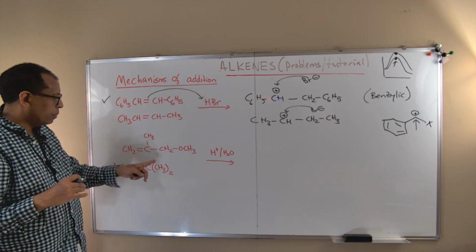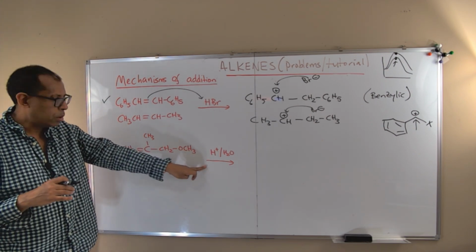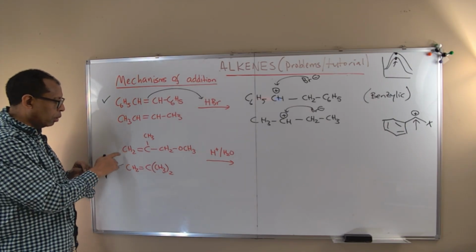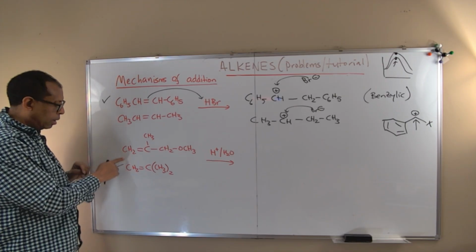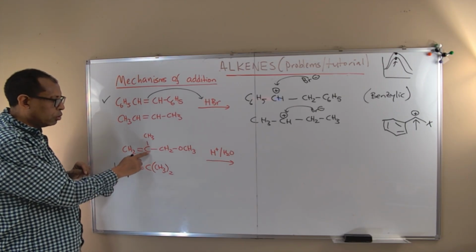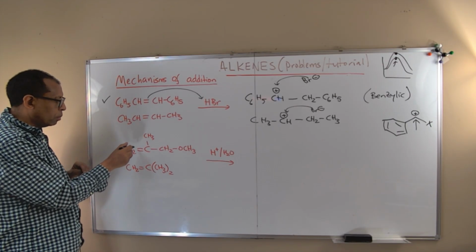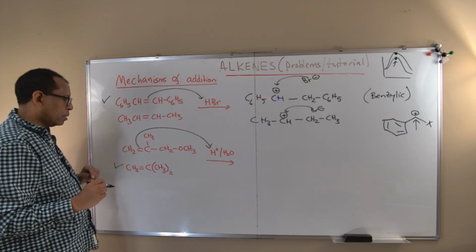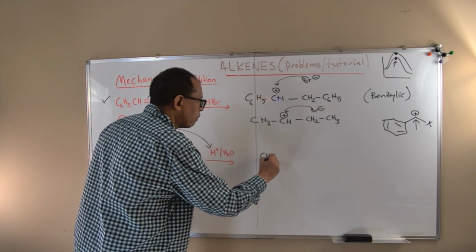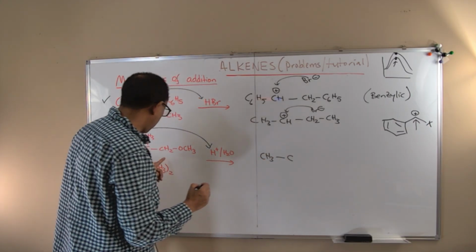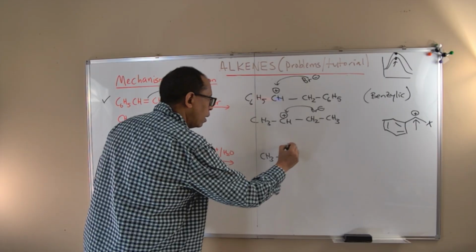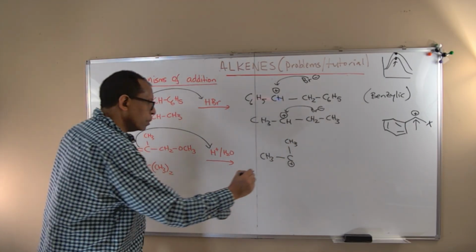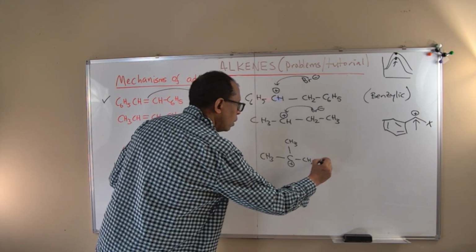Let's do this one. In this one, this is a hydration. So the initial carbocation formation would not happen on the terminal alkene carbon. Obviously, it should happen in here. So what happens is you get the proton first, the CH3 is formed, and the carbocation is formed right there, and CH2 or CH3.